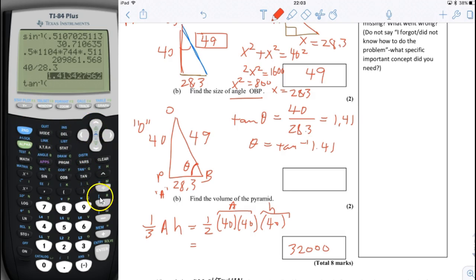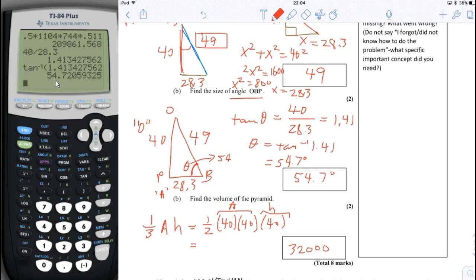Tangent is an interesting trig function because the result of the tangent of an angle sometimes gives you numbers that are bigger than 1 or smaller than -1. So the result is 54.7 degrees. Okay? And so we know that this angle is 54.7.